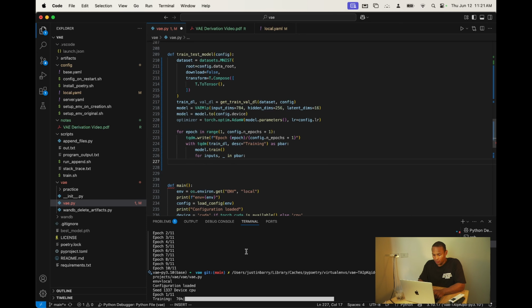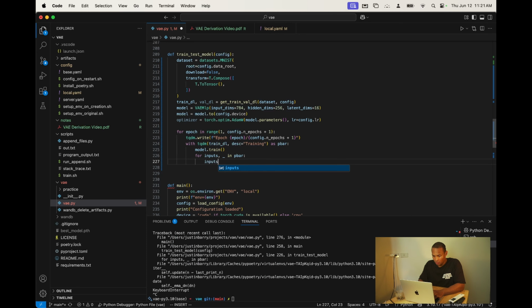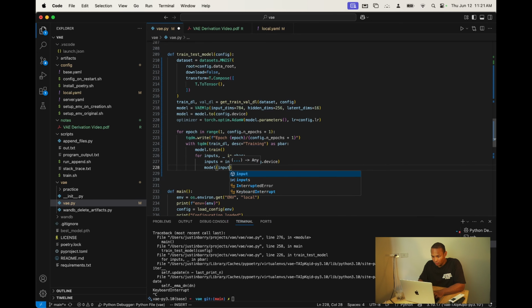Model, so inputs, to send it to the device, always config device, model inputs. That's going to give us reconstructed images, mu, log variance.